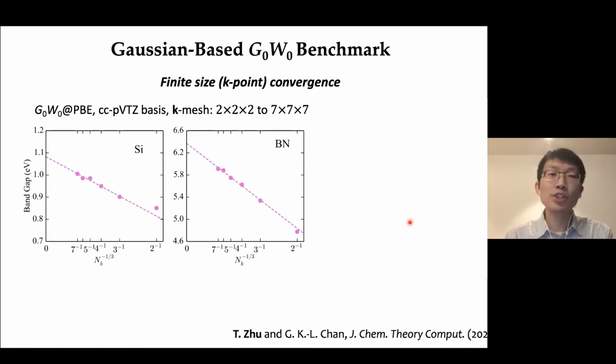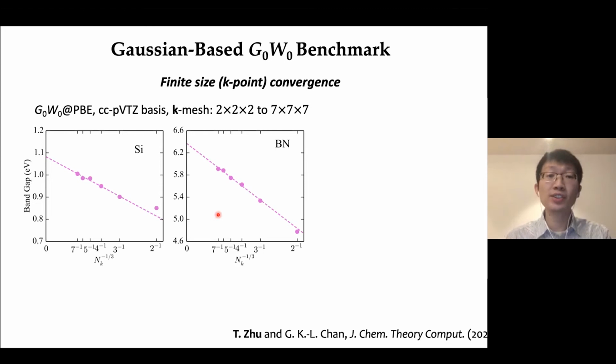Next, I want to show you the finite size convergence of our methods. First of all, in this plot, we just show the GW@PBE band gap without any finite size correction for silicon and boron nitride.